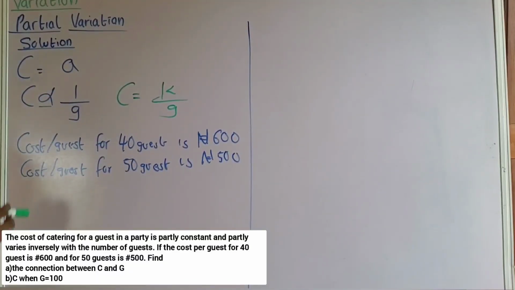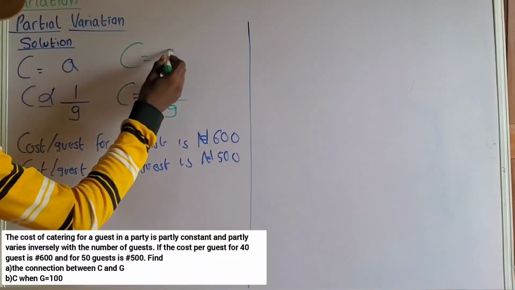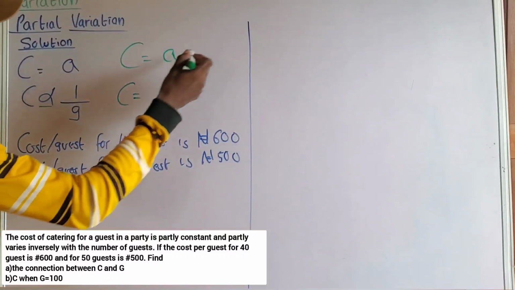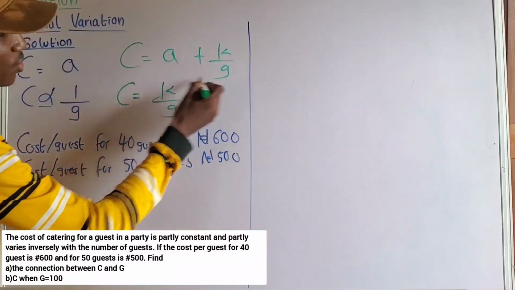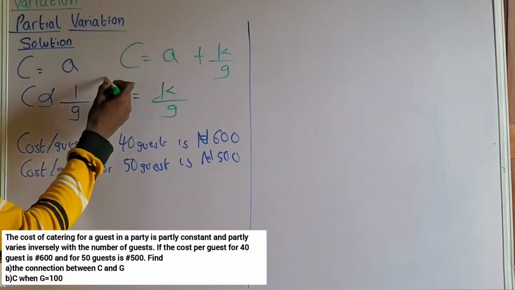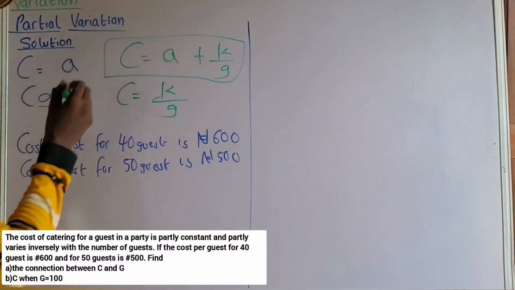Now, a part of C also varies inversely as G. So if I want to write a single expression for C, I'm going to have C equals A, which is the constant part, plus K over G. Do you understand? This one that you see here is a single expression for C.